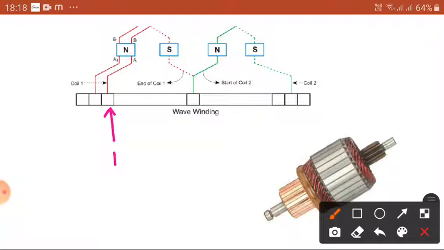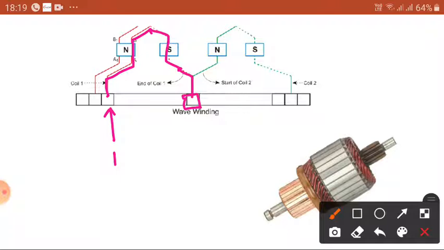Okay, so here this red color coil is connected under the influence of the north pole, and the other coil side is connected under the influence of the south pole here. You can see here, this is one coil, and it is connected to one commutator segment here.